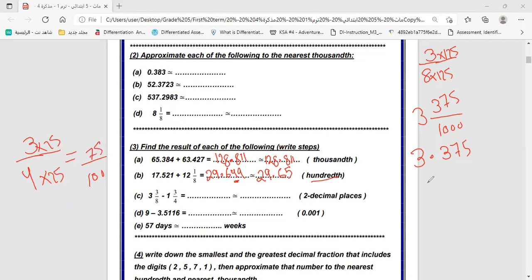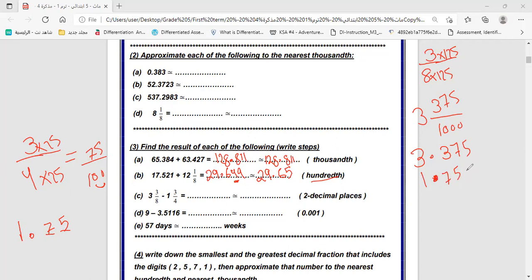So it will be written as 1 point, here take care. We have 1 here, 1 point and 2 places here in the place of the 2 zeros, and 7, 5 in the empty places here. So it will be 1.75. 1 point under the point, 75. Take care, the 7 is after the point, then the 5.